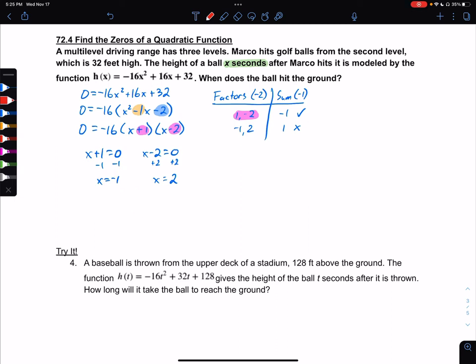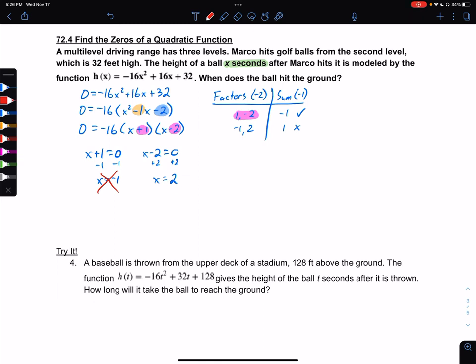So this is what would be called an extraneous solution, or maybe not so much an extraneous solution. Sorry about that. I take that back. This is a solution that just doesn't fit our problem. It does work for the equation. If you plug it back in, it will work. However, in the scenario, it doesn't make any sense.